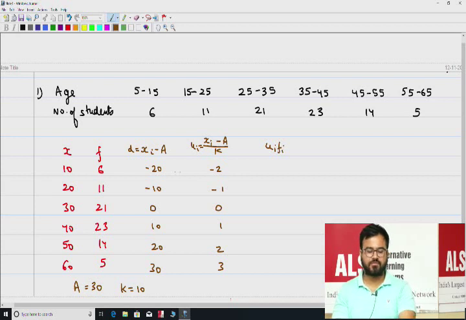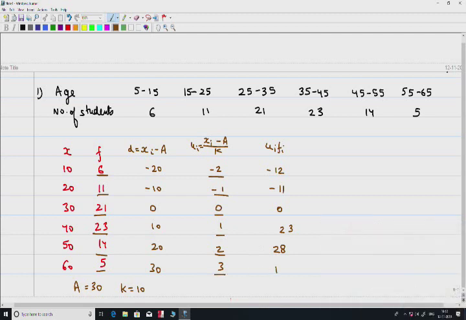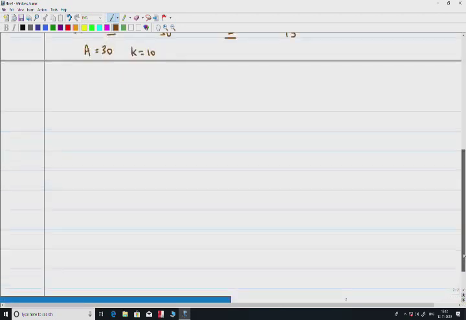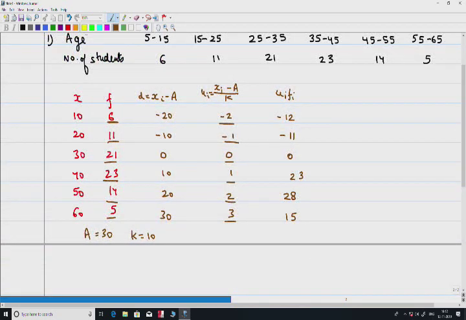So ui into fi, when we multiply this 6 into minus 2, that would become minus 12. 11 into minus 1, 21 into 0, 23 into 1, 14 times 2, and 5 times 3, right? After this, we have to add them.